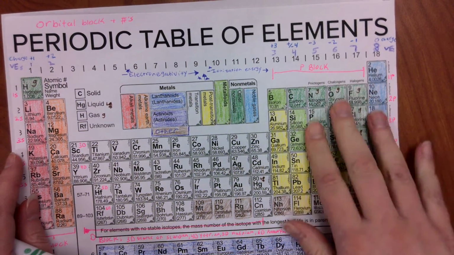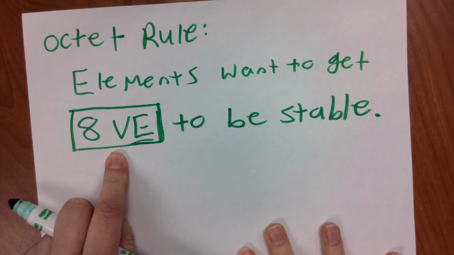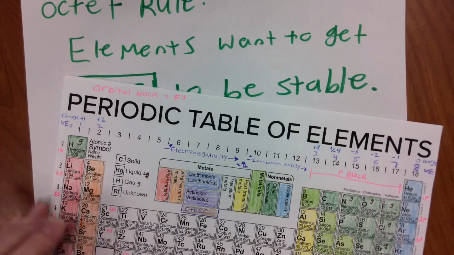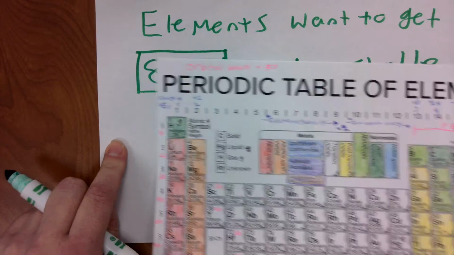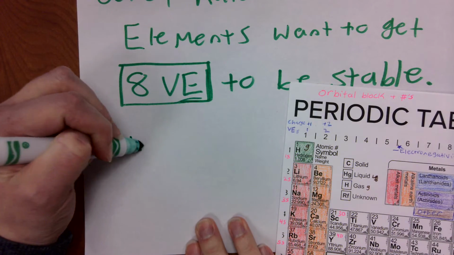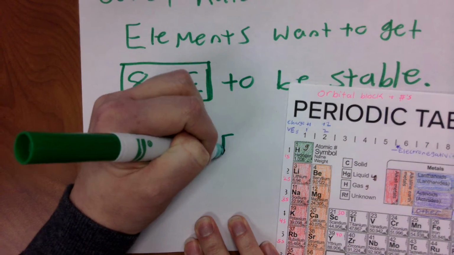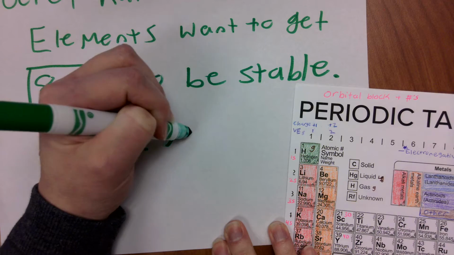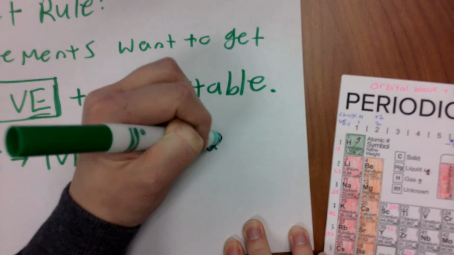But everybody else wants to have 8 valence electrons in their outer level to be stable. So if we look at something like lithium in our very first column, we notice that lithium has 1 valence electron. It wants to have 8, or a full outer shell.